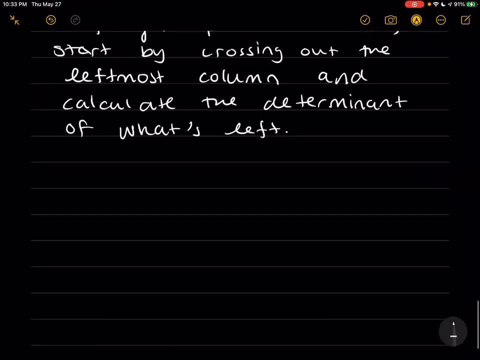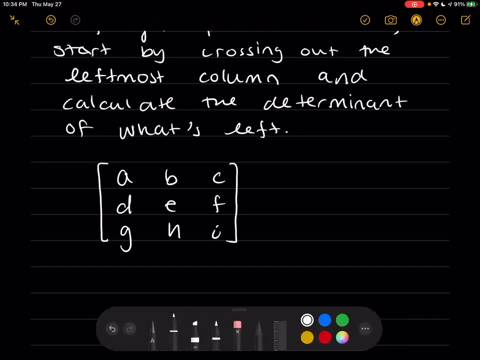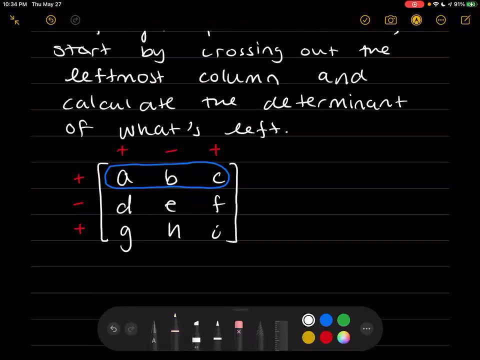So for example, if we were looking at our matrix A, so A, B, C, D, E, F, G, H, I, and let's say we were focusing on this top row up here. I'm going to put little pluses and minuses in this particular order. It starts with a plus, then minus, then plus, and we'll see why in a second. So we're going to cross out the leftmost column. So we're really focused on this entry here.